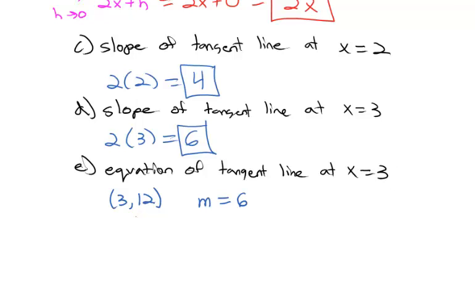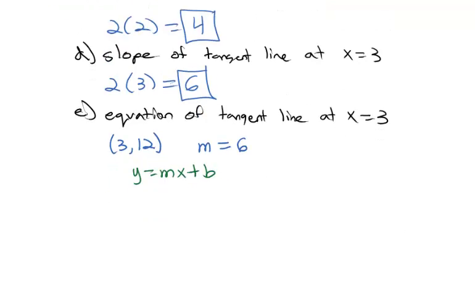And so we'll remember that y equals mx plus b. Plugging in everything we know in here, y is 12, m is 6, x is 3, plus b. We don't know the y-intercept, but we'll find it quick enough, because 6 times 3 is 18.